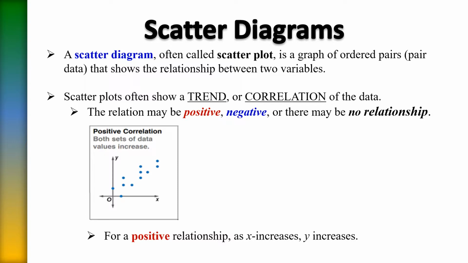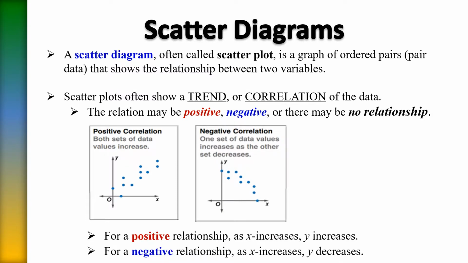And so for a negative correlation, if you notice that your data are clustered together and moving in a direction from left to right in a downward motion, that is called a negative correlation. And so with this negative relationship, as x increases, what's happening to my dots, my up and down dots?